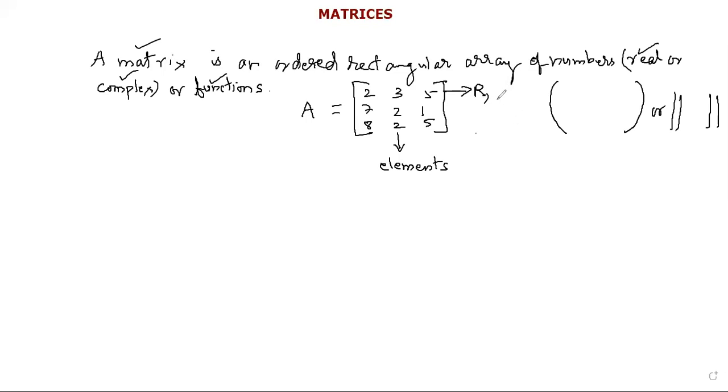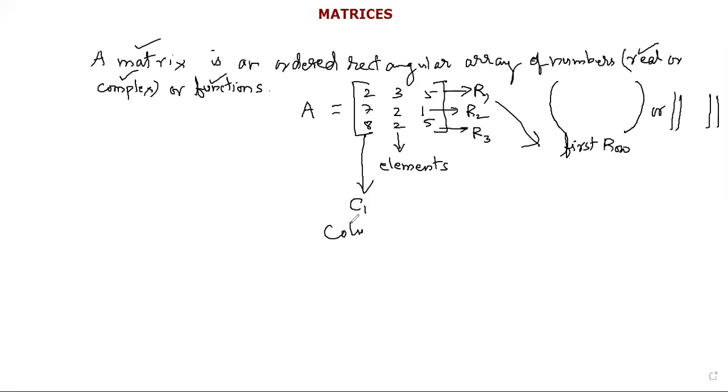These are the rows. So you can say this is first row, and generally we are denoting by R1, R2, R3. And this is second row, and this is third row. So these horizontal lines are called rows, and the vertical lines are called columns. So this is C1.